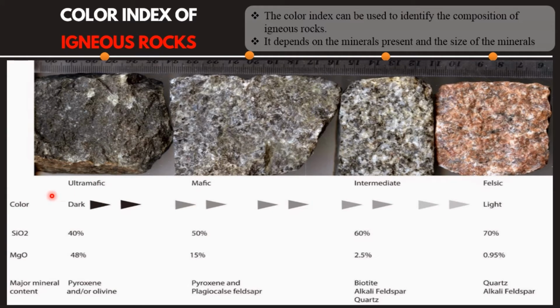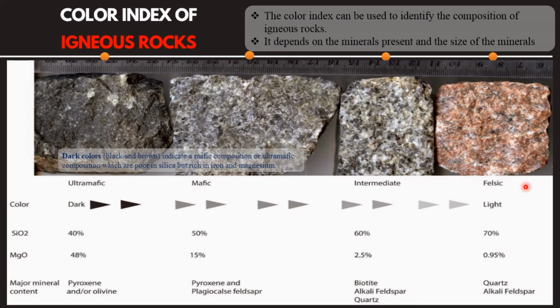We have here the ultramafic, mafic, intermediate, and then the felsic. We can distinguish this according to how light or dark the color of the rock is. This coloration depends on how much minerals they contain.